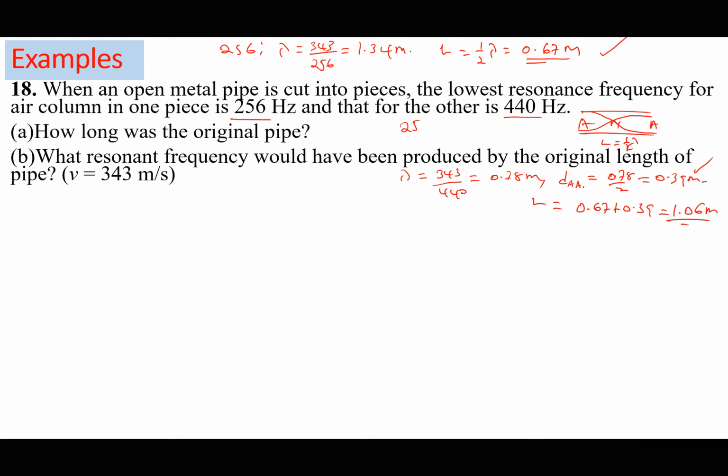So this gives me 161.8. So that would be the frequency if it was used as one pipe of length 1.06. That would be its fundamental frequency, or the lowest frequency.